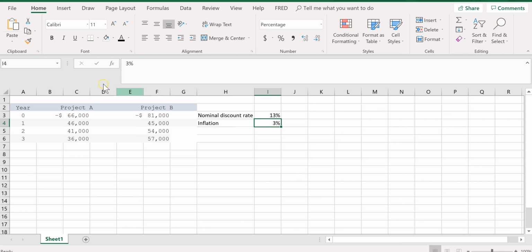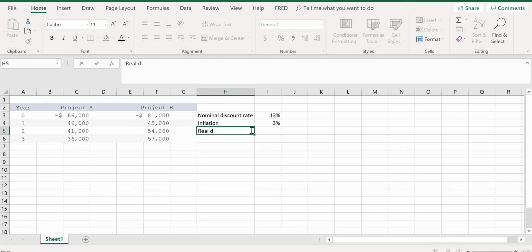So again, I can just name this INF, or maybe just inflation. Okay. So the real discount rate.